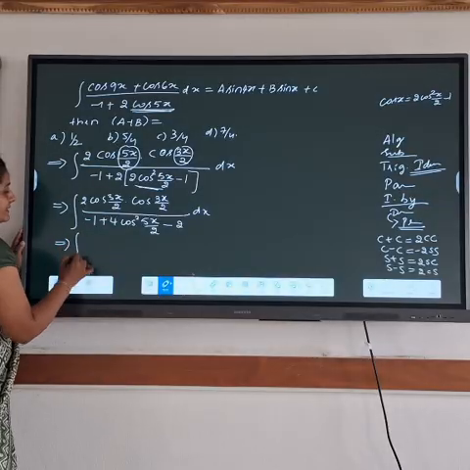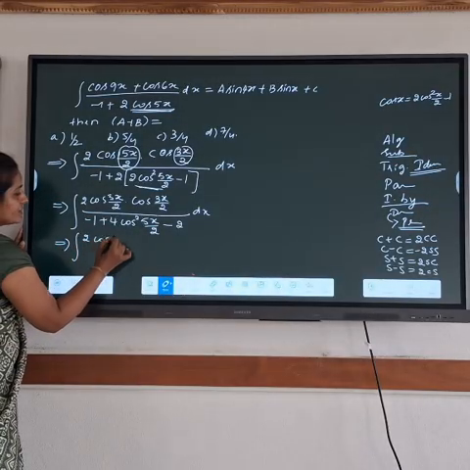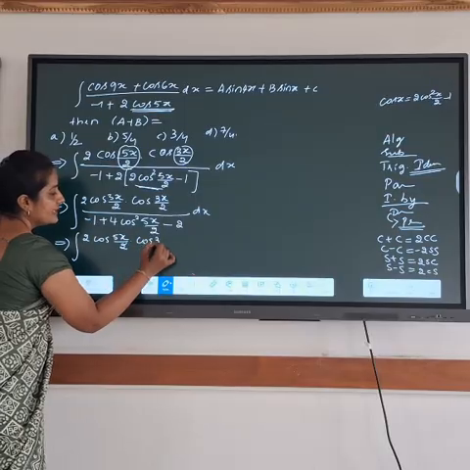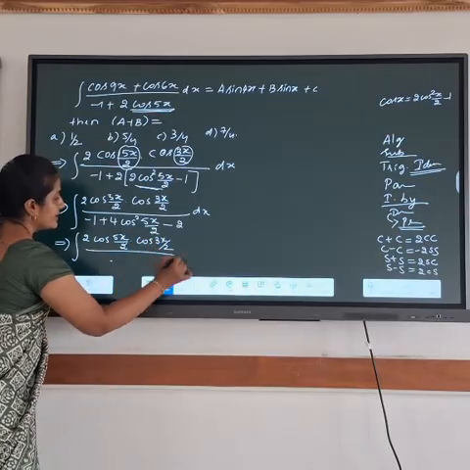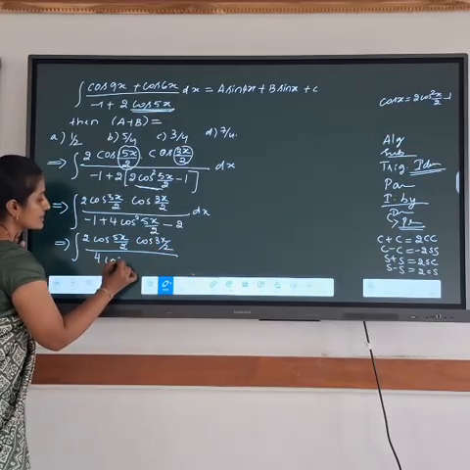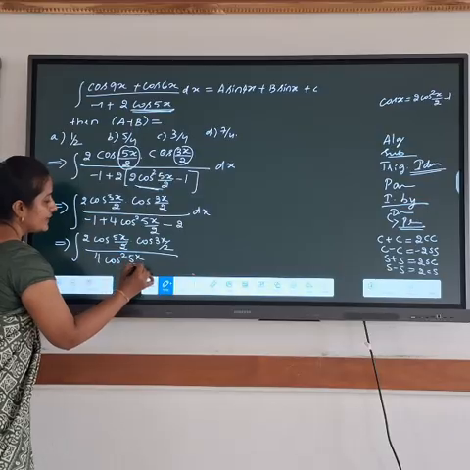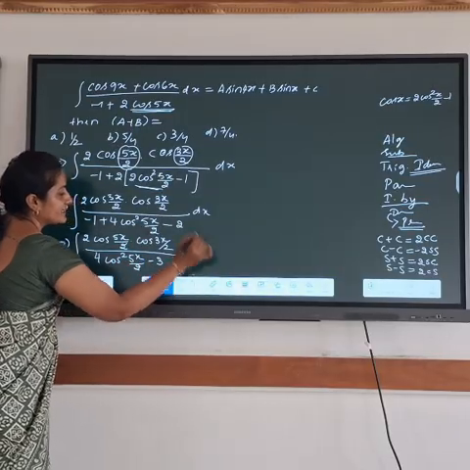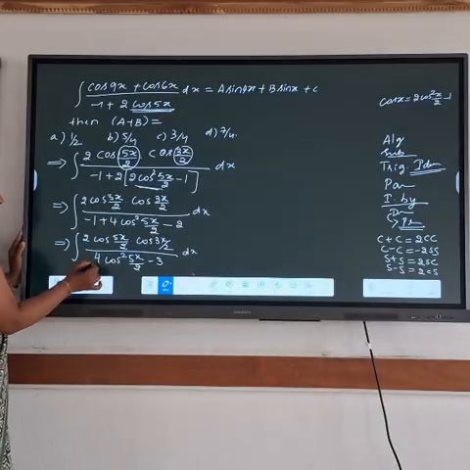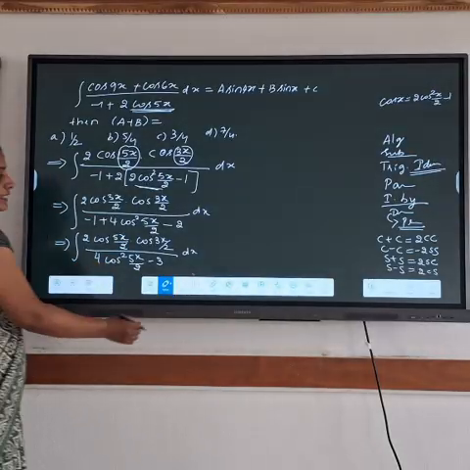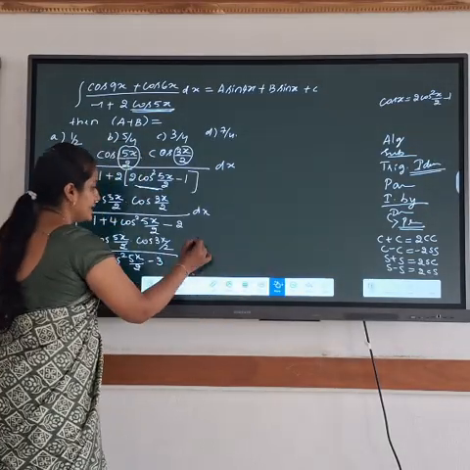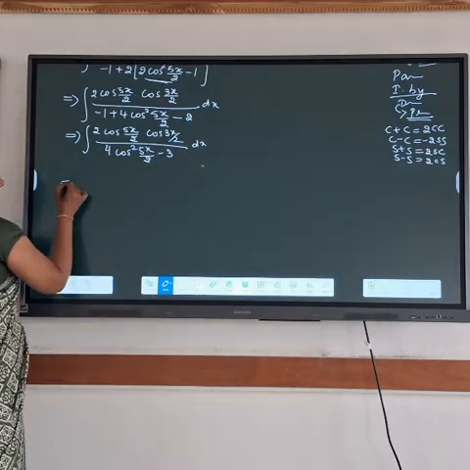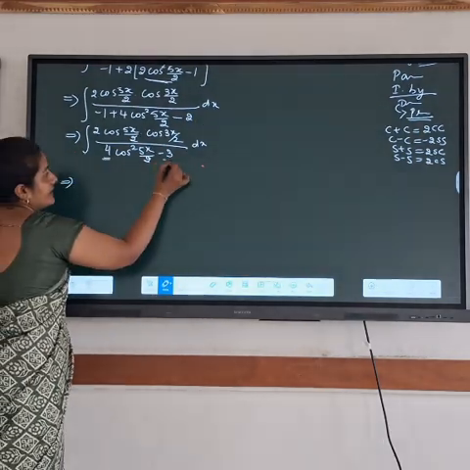So by simplifying this, we get cos 5x by 2 into cos 3x by 2 divided by 4 cos square 5x by 2 minus 1 minus 2, which is minus 3, dx. Now we can simplify the denominator only. How can we simplify the denominator? Here 4 is there, here 3 is there.